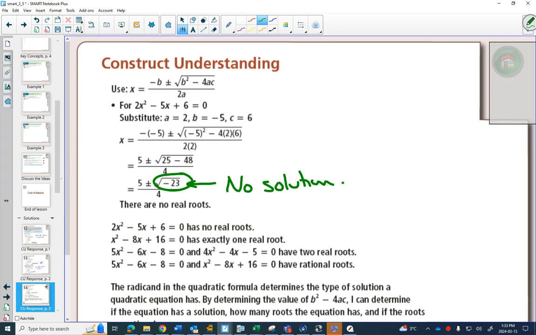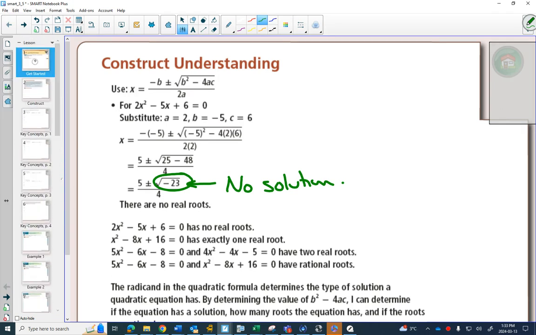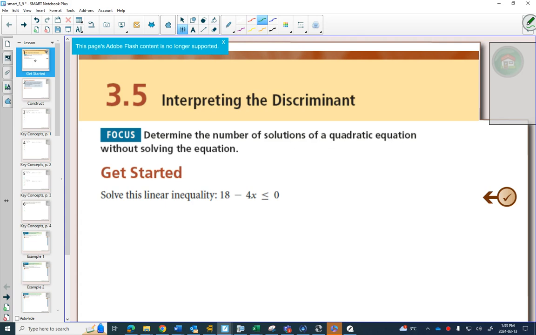So the topic of this section is called Interpreting the Discriminant. Right above the discriminant part, I want you to write b squared minus 4ac.